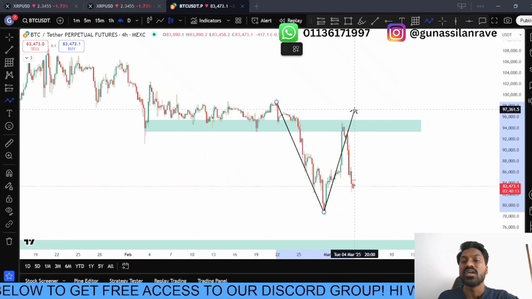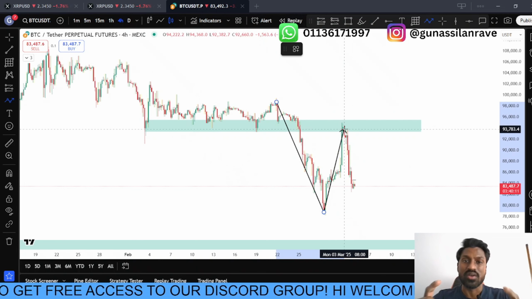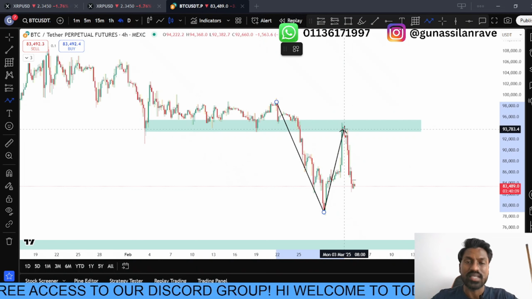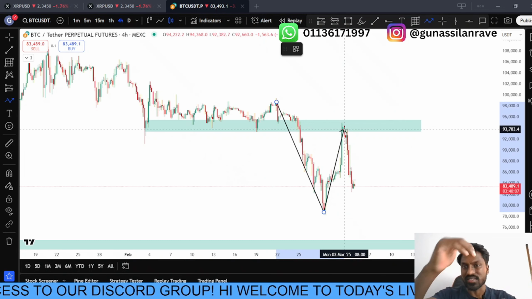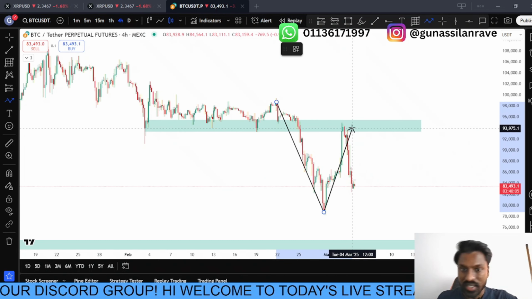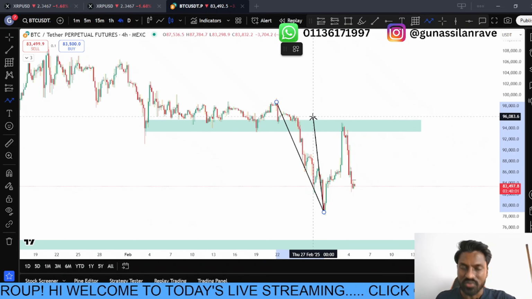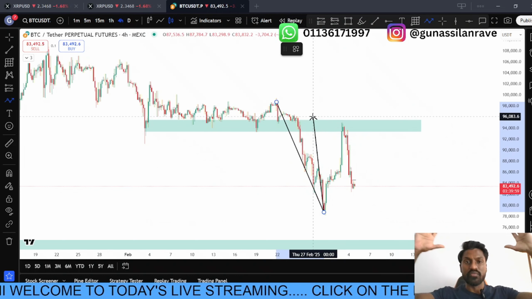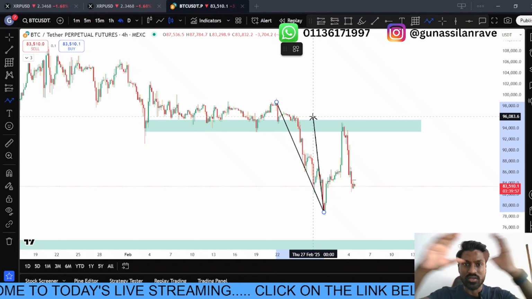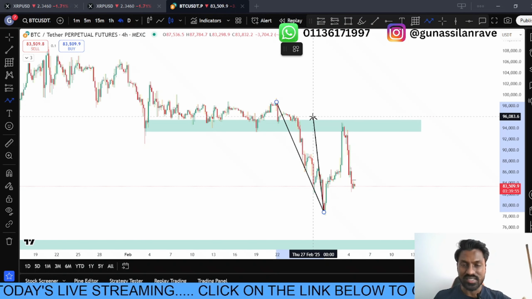Why? Because once a zone is called support, when that zone gets violated, that means price goes below the support range like it did here. This will now change to a resistance zone because now we have a zone above price, hence a roof.